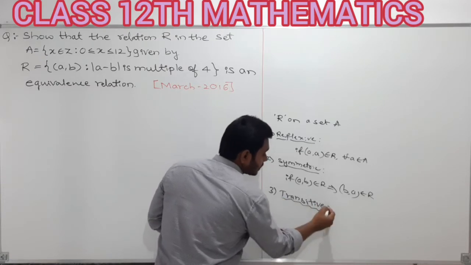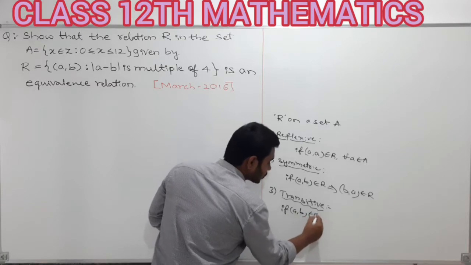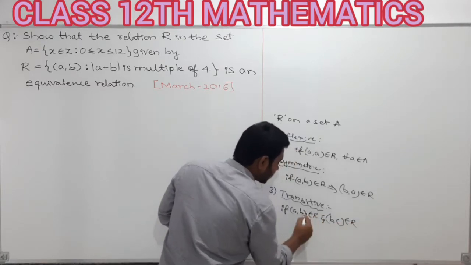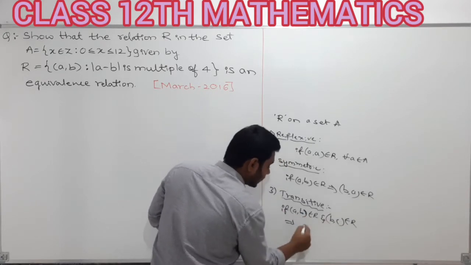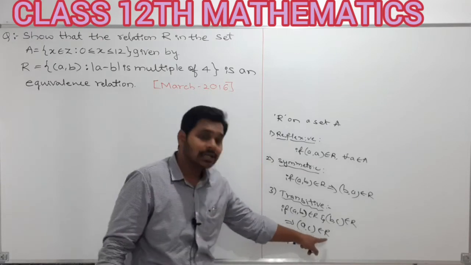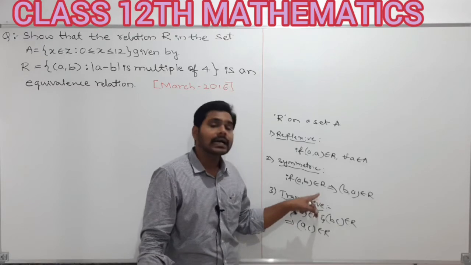A relation R is said to be transitive if (a, b) belongs to R and (b, c) belongs to R, then we should check whether (a, c) belongs to R or not. If this condition is satisfied, then we can call it transitive.